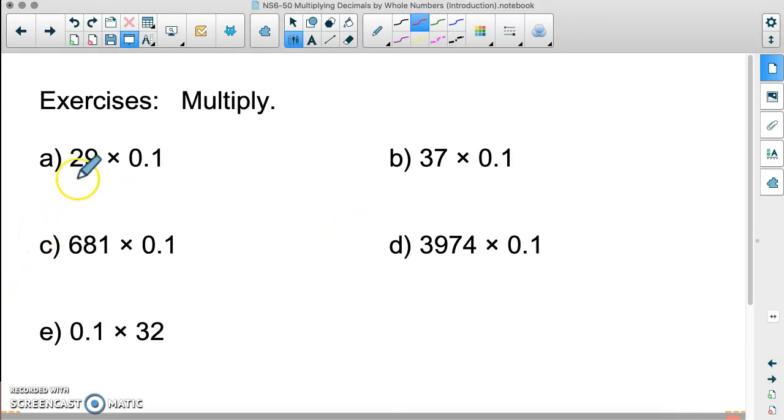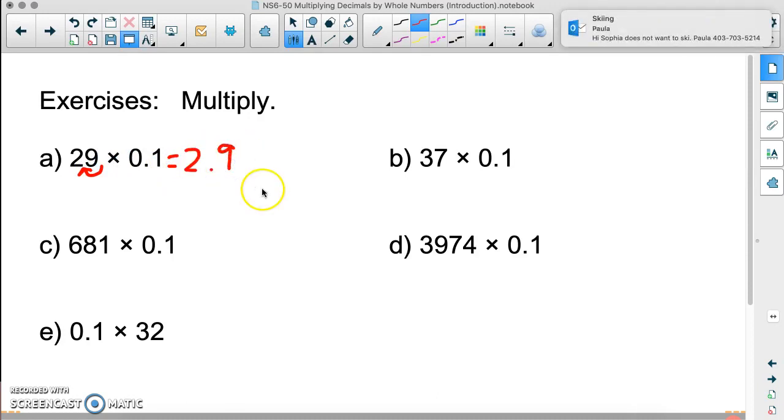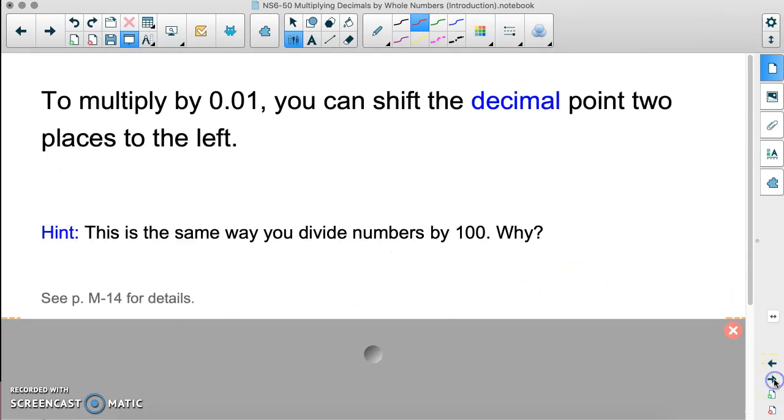Let's do A together. If I'm doing 29 times 0.1, it's the exact same thing as saying 29 divided by 10. So I'm taking that decimal place and shifting it once to the left. So the answer is going to equal 2.9. Please try B, C, D, and E on your whiteboards, and then you can resume with your screencast.